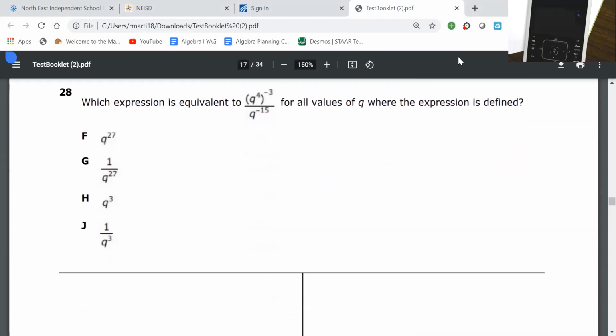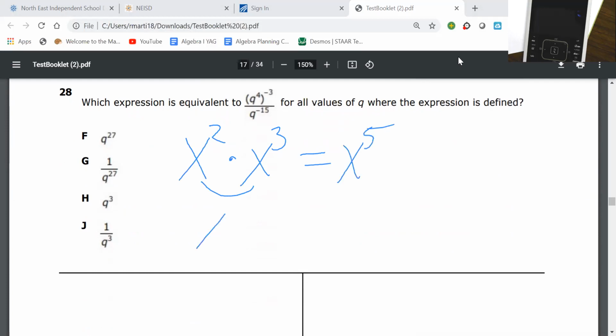Okay, law of exponents. When you're multiplying the same base, you add the exponents. So same base x, you add the exponents, and you end up with x to the 5th here.